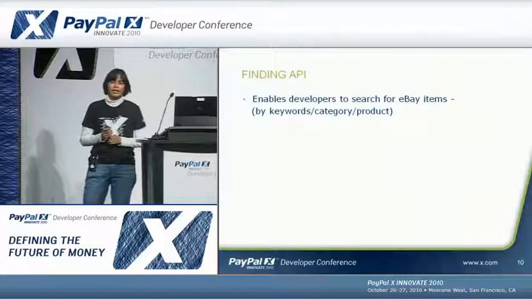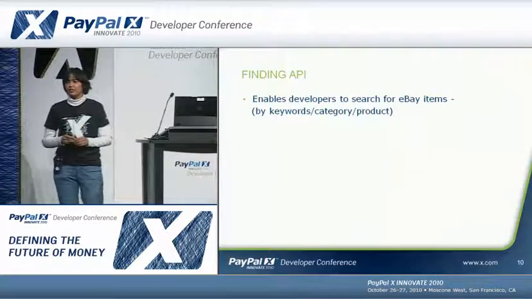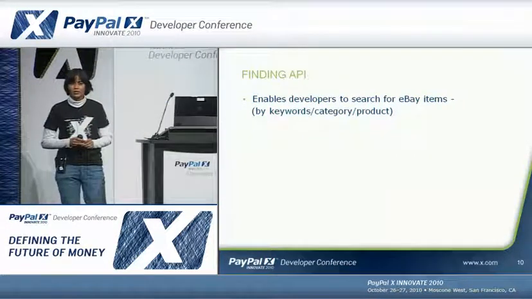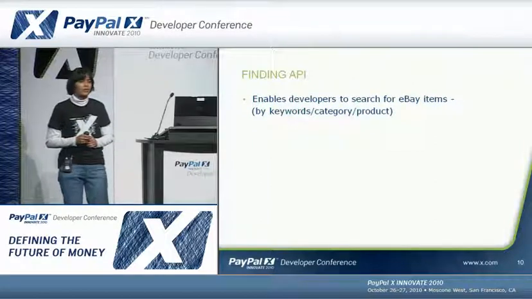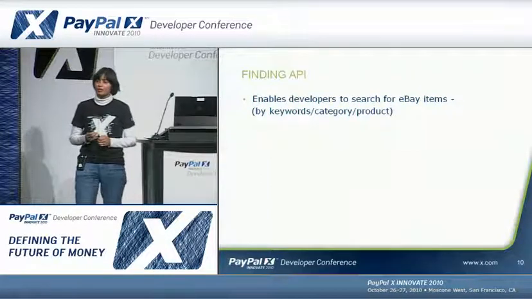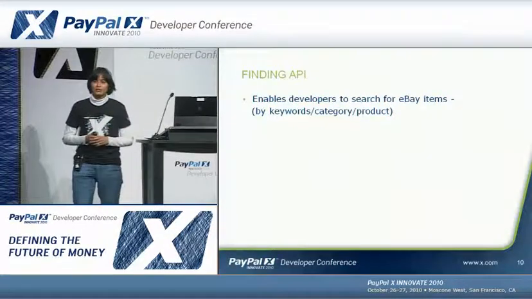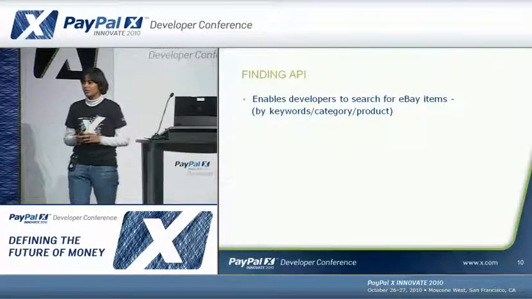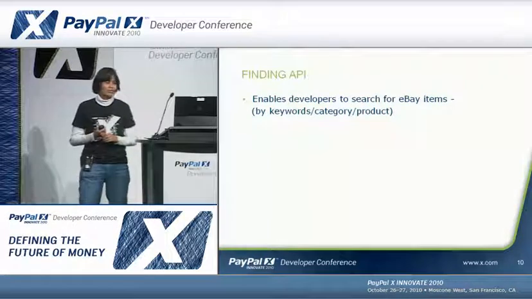Or you could say, help me find items that are in a specific domain or in a specific category, like electronics or MP3 players or so on. Or you could specify a product ID, like a UPC code or the equivalent in eBay terms, which is the EPID, eBay product ID. And you can help find items for your buyers.